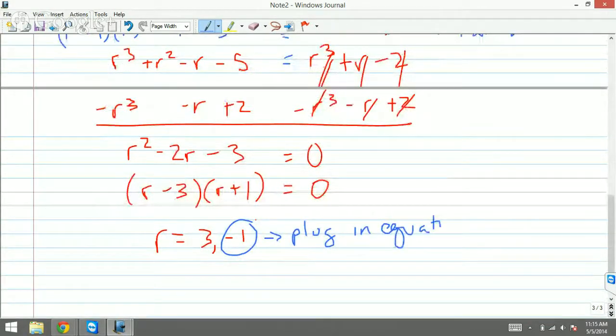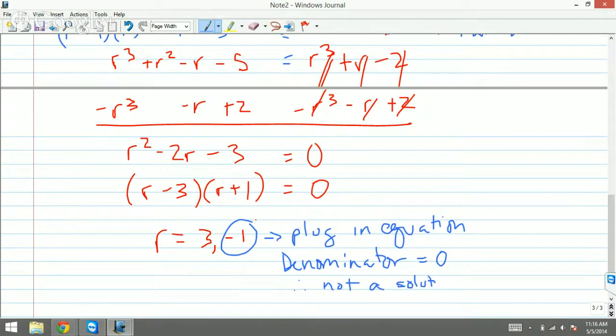When you plug it in the equation, the denominator equals 0. Therefore, it's not a solution. So R equals 3. You have to check that.